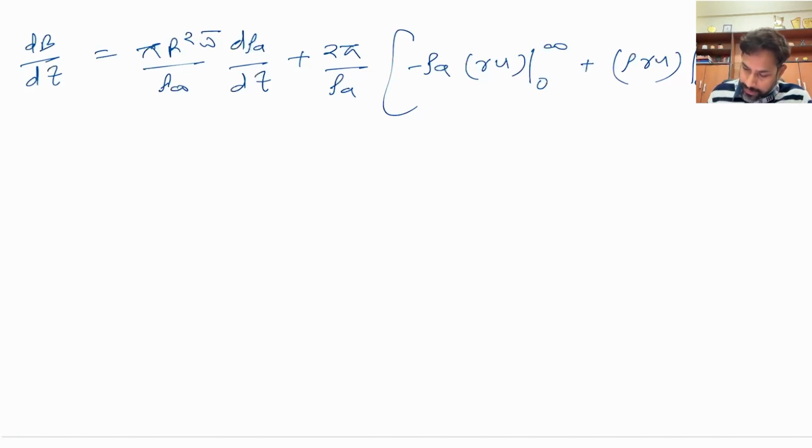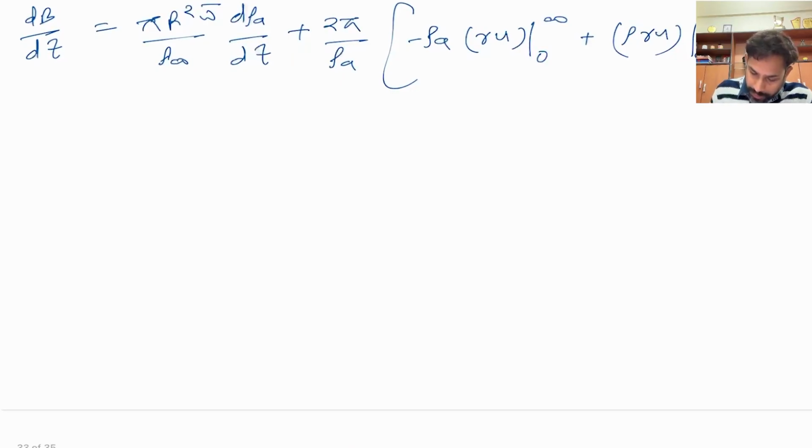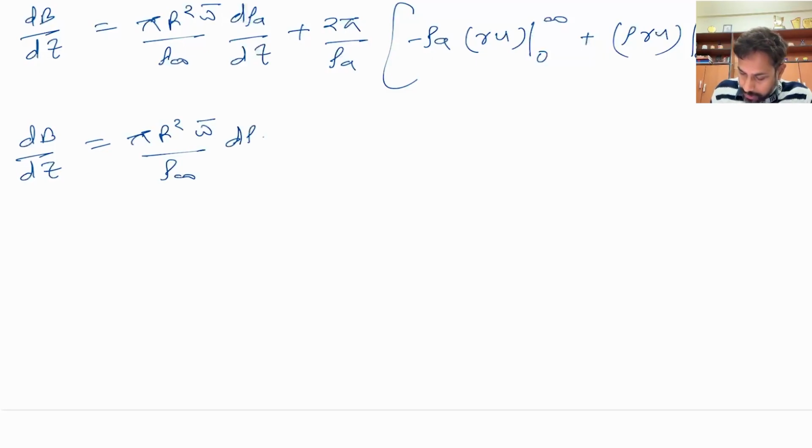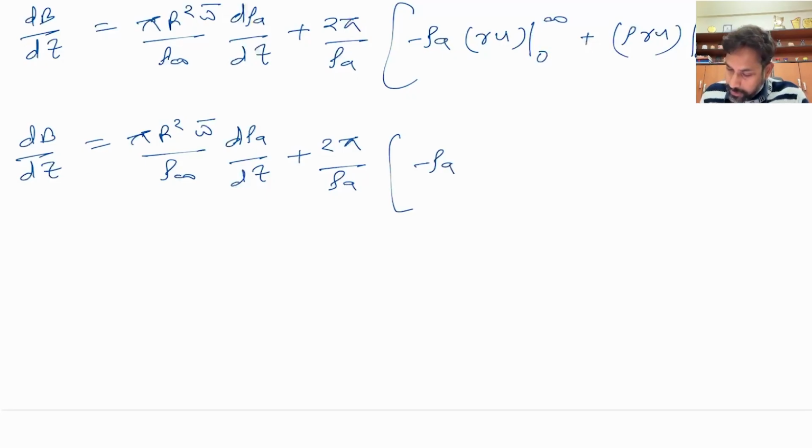So in either case this will become dB by dz, pi r square w bar by rho infinity d rho a by dz, 2 pi by rho a, this will become minus rho a r u, and plus that will become rho a r u.